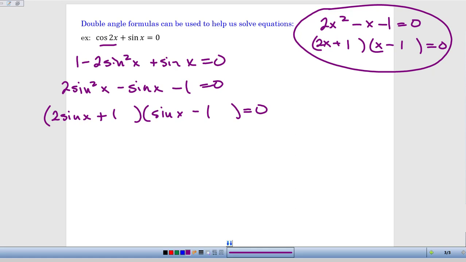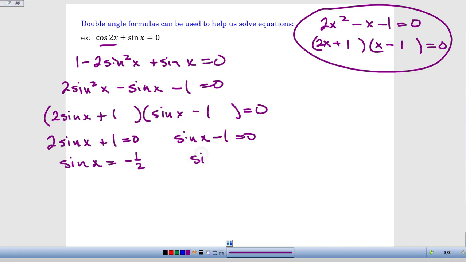And so now I need to take each of these factors and set them equal to 0. So I've got 2 times the sine of x plus 1 equals 0, and the sine of x minus 1 equals 0. And so if we isolate sine of x in each of these equations, on the left side here we're going to get sine of x equals -1/2. And the other one we're going to get sine of x equals 1.